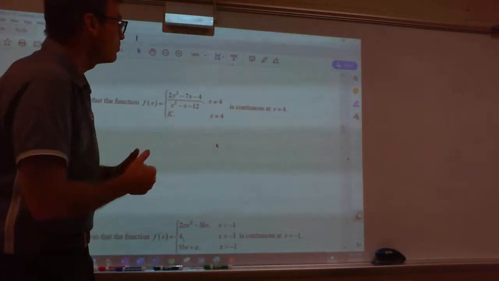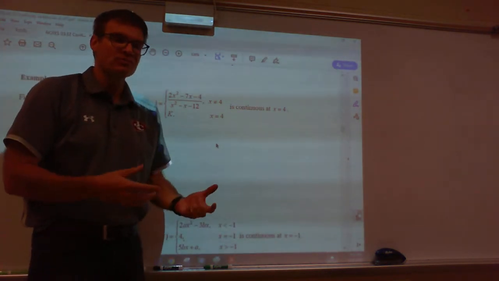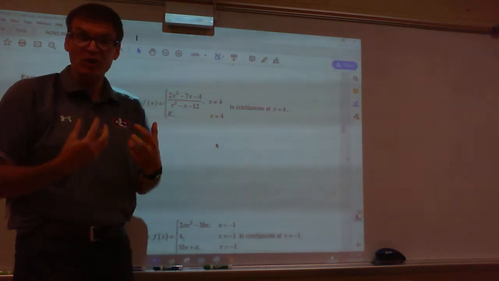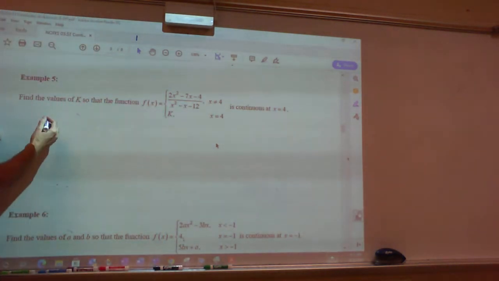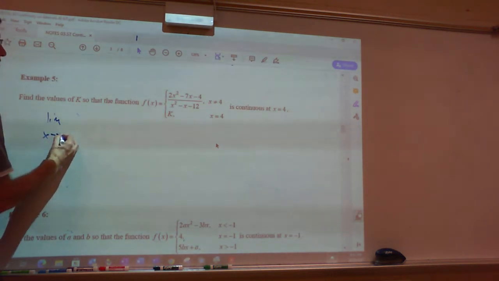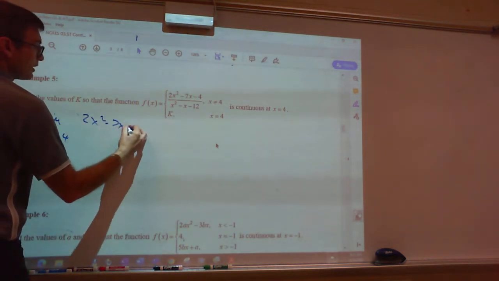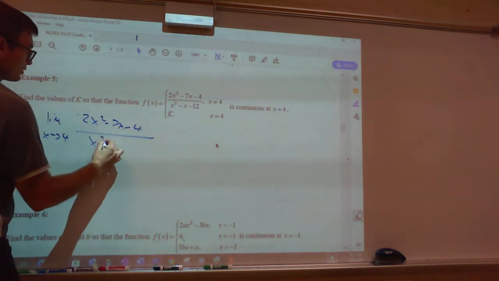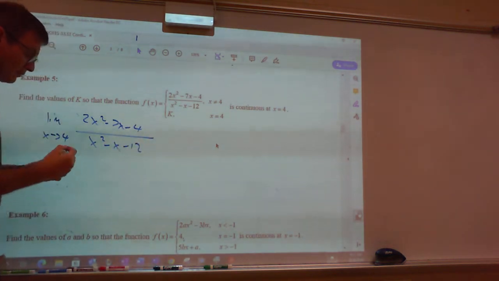I know that you did problems like this because the way that I phrased the question last week was, what's the limit as x approaches 4 of 2x squared minus 7x minus 4 all over x squared minus x minus 12?